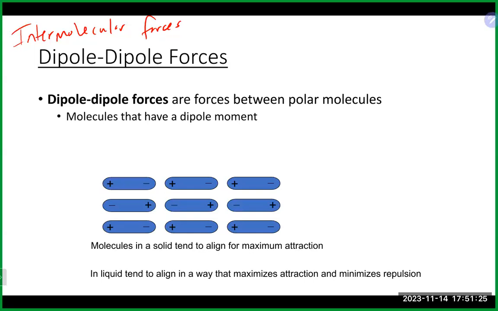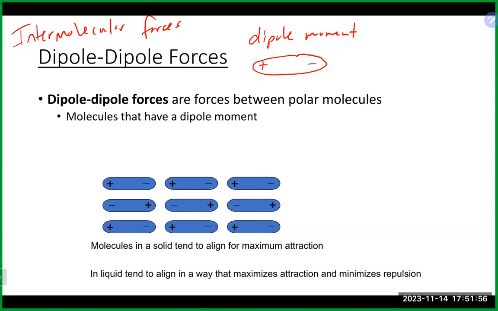Something that has a dipole usually has a dipole moment, which essentially means you have a polar molecule, and overall that molecule has unequal sharing of electrons, which means, in a very simple drawing, there is a positive side and a negative side to that molecule because of the unequal sharing of electrons in a polar molecule.